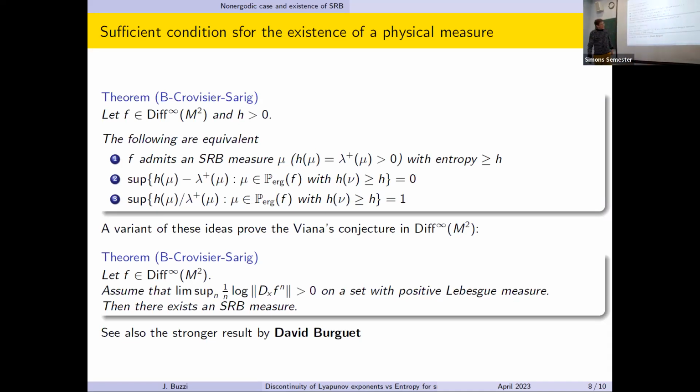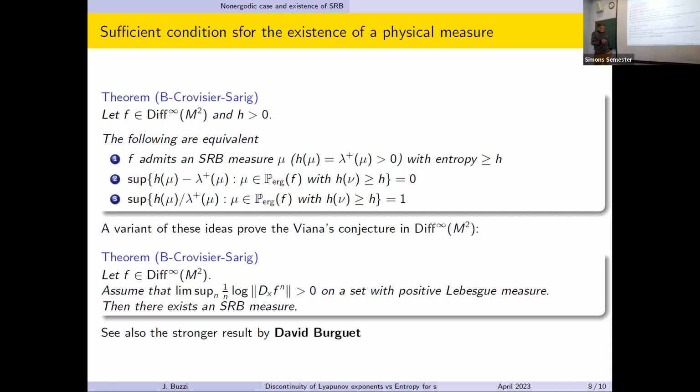So this means that to satisfy this equality is to maximize something, in other words, to maximize the difference. It's really an equilibrium measure, but with respect to some nasty potential.